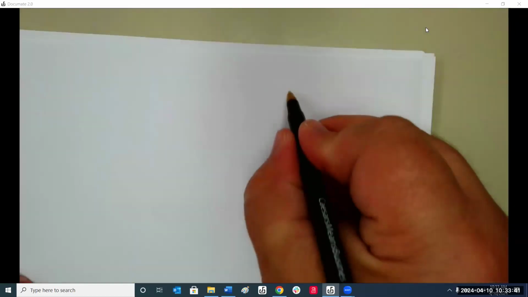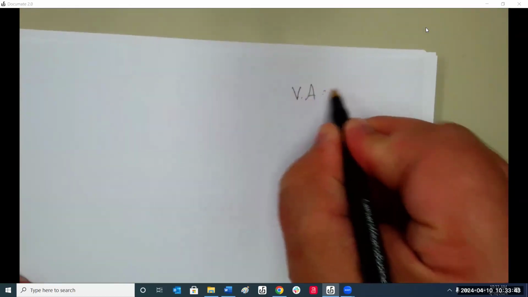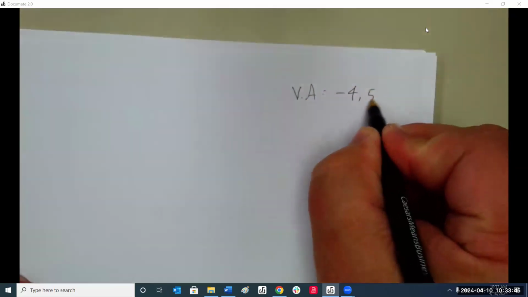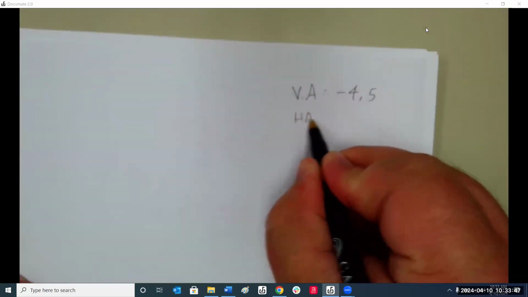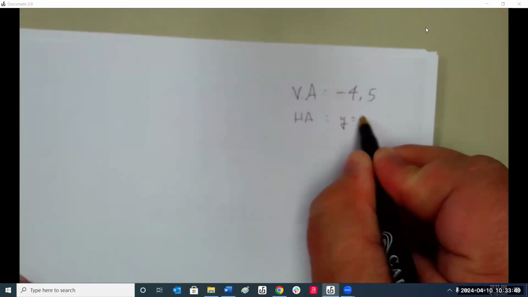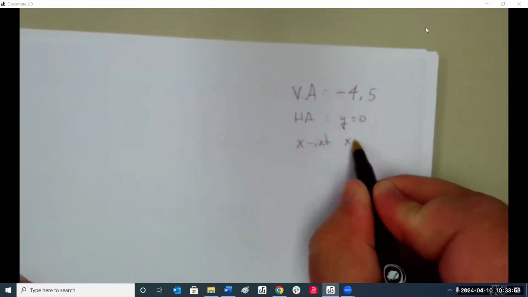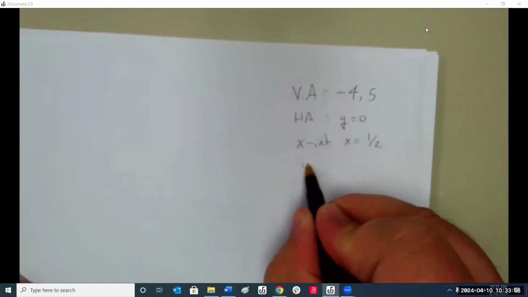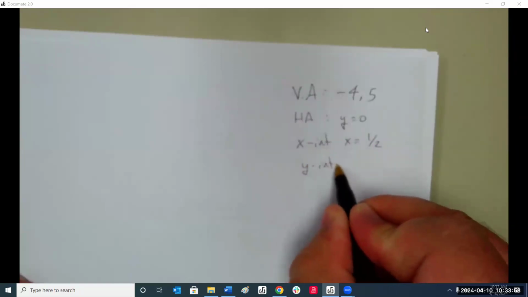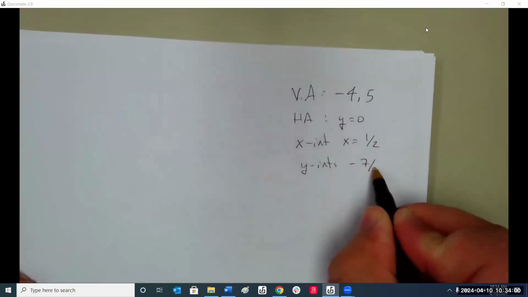So let's use all that information. -4, +5. The x-intercept is x equals 1/2. The y-intercept is -7 over 20.